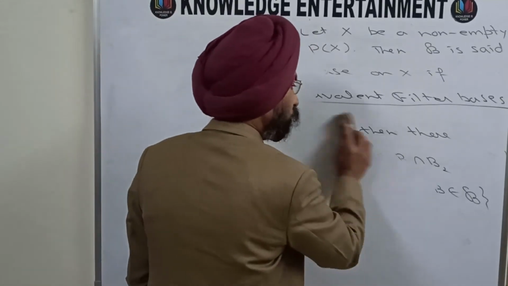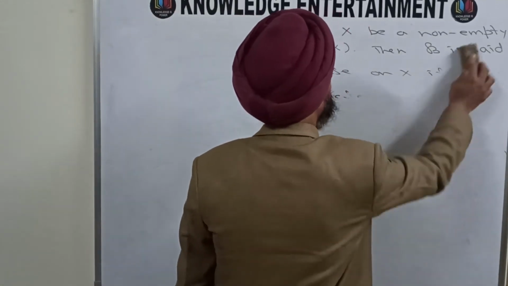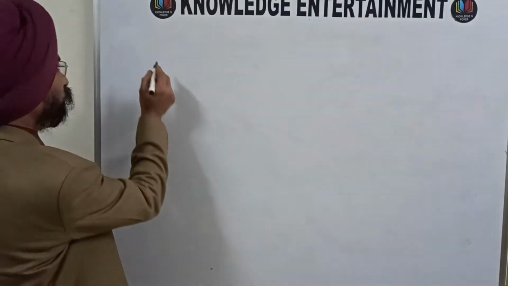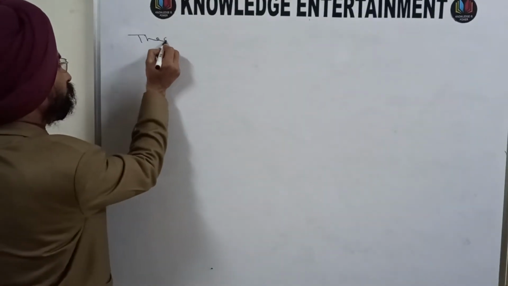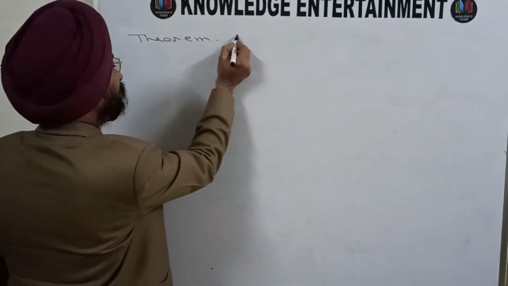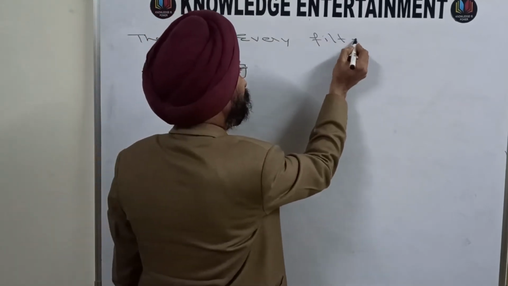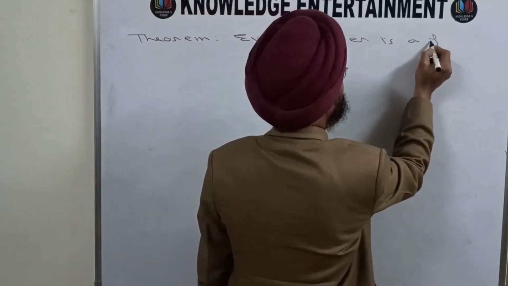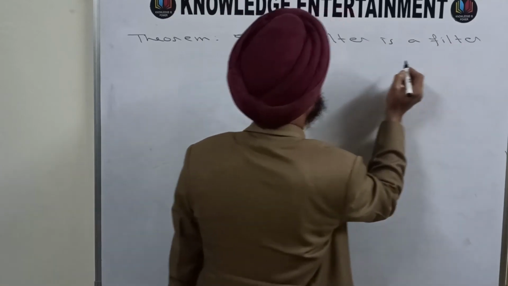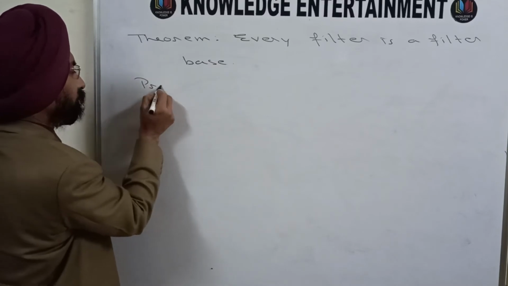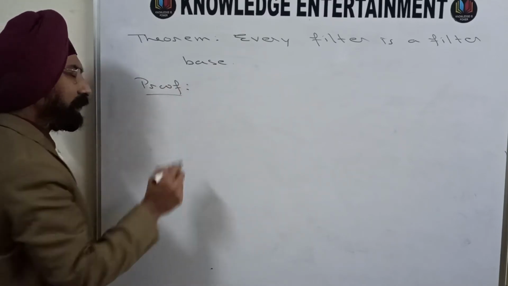Now, based on these things, one thing is very much clear, that every filter is a filter base, and we will prove that. There is a theorem, very trivial, that every filter is a filter base. And let us see how to prove this. The proof is once again very easy.